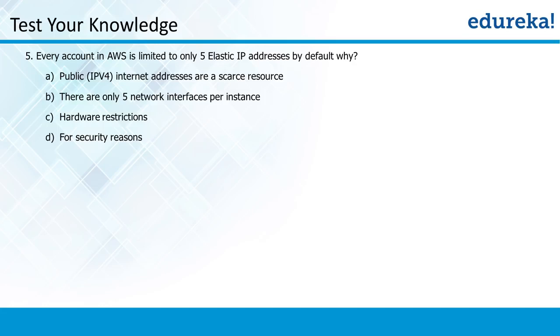The options here are: IPv4 addresses are scarce, there are only 5 network interfaces per instance, there could be some hardware restrictions, or there are some security reasons. I think Greg and Suryakant, both of you have it right. It's basically because IPv4 addresses are scarce.